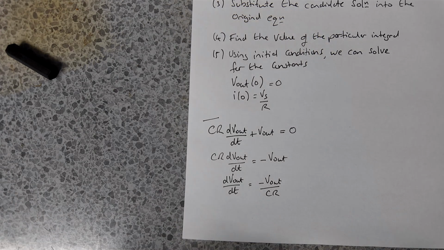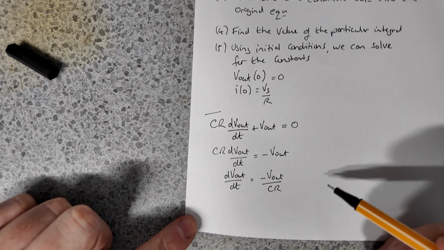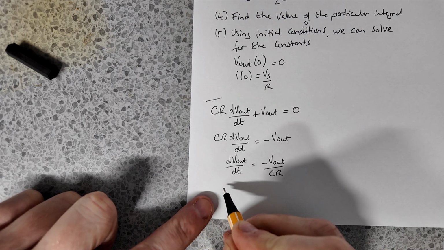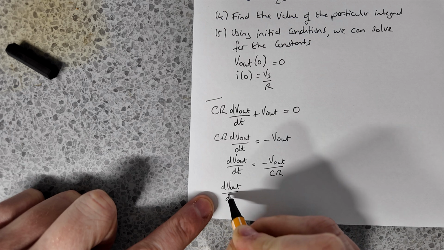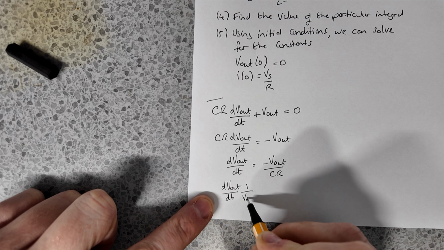Then what we want to do is get the variable V out all on one side again, so we're going to divide through by V out. This is leading to what's called the separation of variables, which seems to be a bit of a hack.